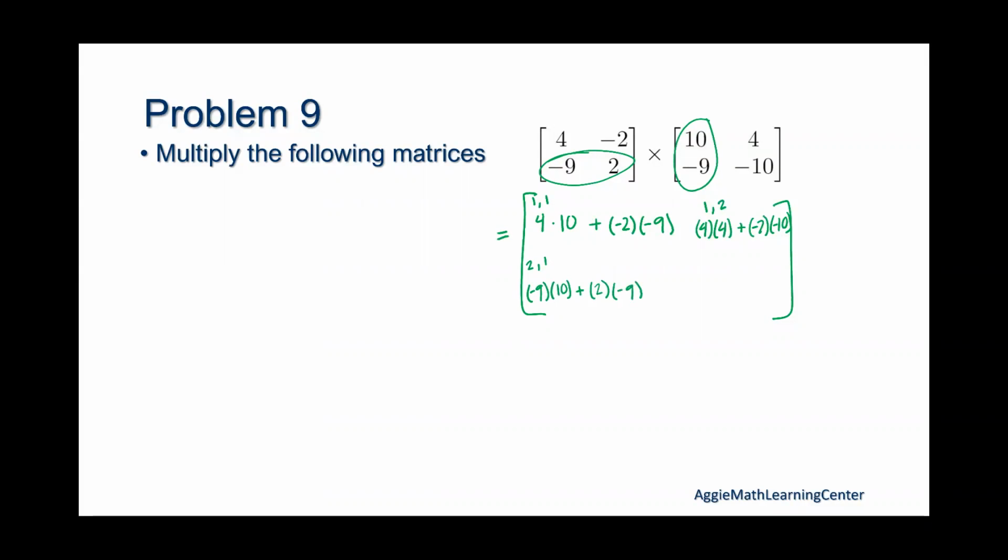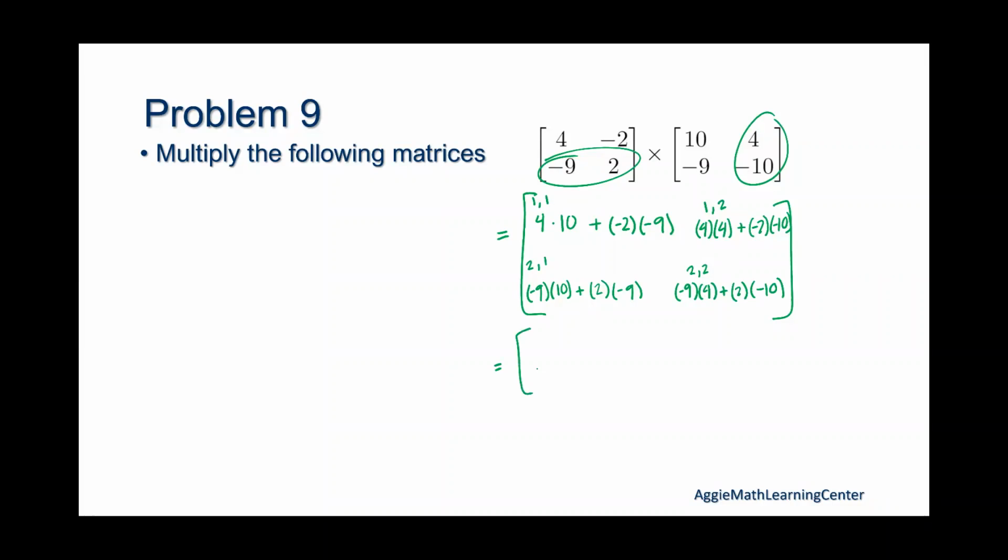And then our last one is row 2, column 2. I guess I didn't need to erase that. But we'll go with the second row, the second column, and then each of those entries, 9 and 4, and then the second two entries, which are 2 and -10. So then after we've lined that up, we can just simplify.